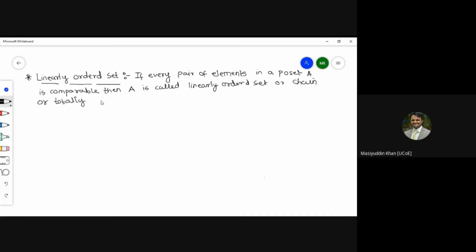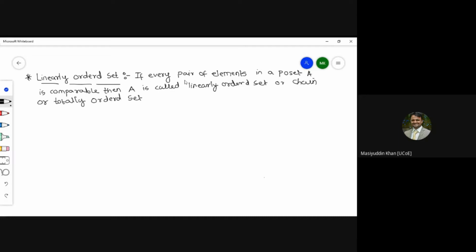So always remember, it is a very simple definition.